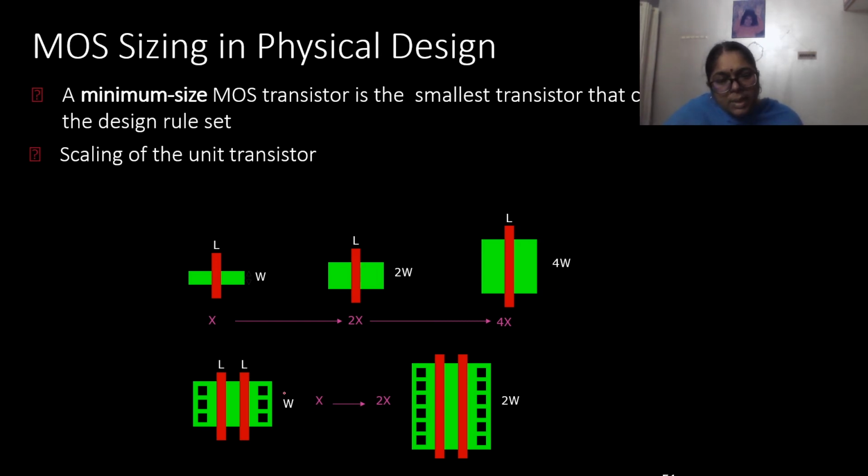Similarly, when two transistors are in series, you can indicate in this fashion by increasing the width.